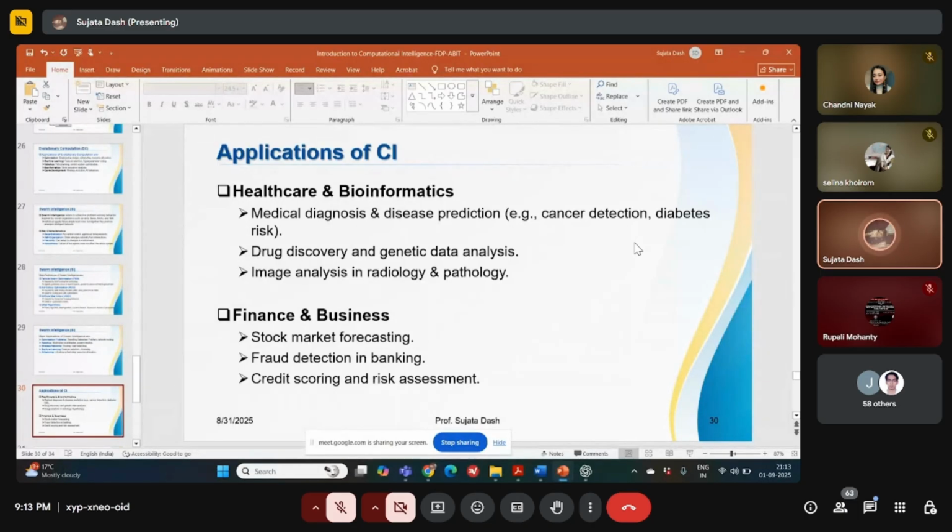Then fraud detection in banking. Fraudulent transactions often show hidden patterns in timing, amount, or behavior. So CI systems detect anomalies in real time, like spotting unusual credit card activity or detecting money laundering schemes. This protects customers, saves billions of rupees for the bank, and also builds trust between the customer and the bank.